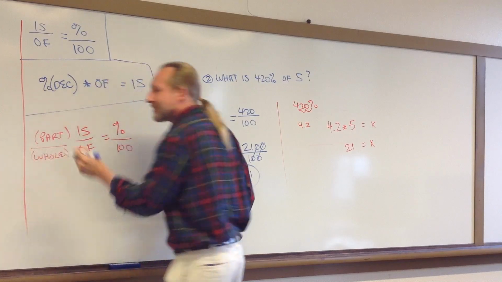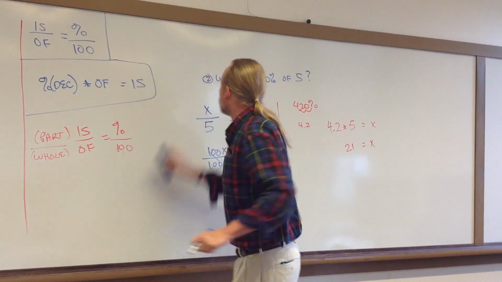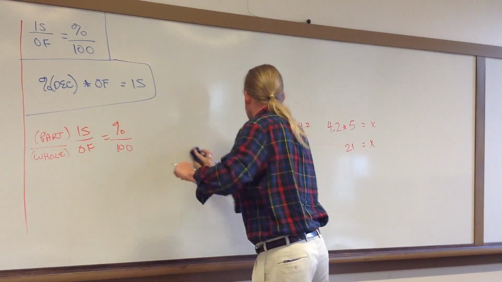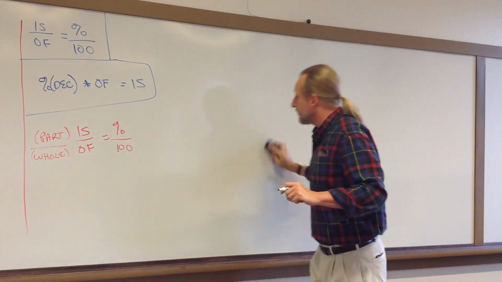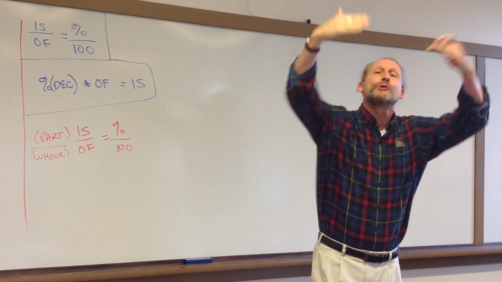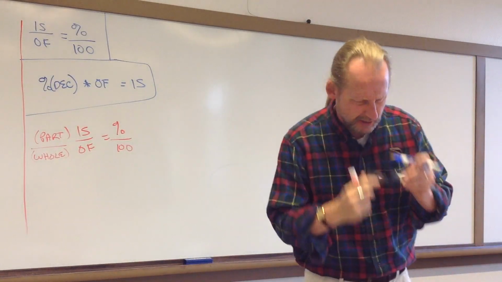And so long as you understand the part is sometimes larger than the whole. Okay, let's look at a couple more problems here. And notice that because our percentage was over 100, our answer was bigger than what we started with.